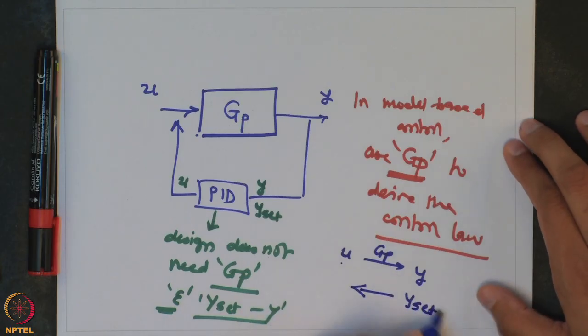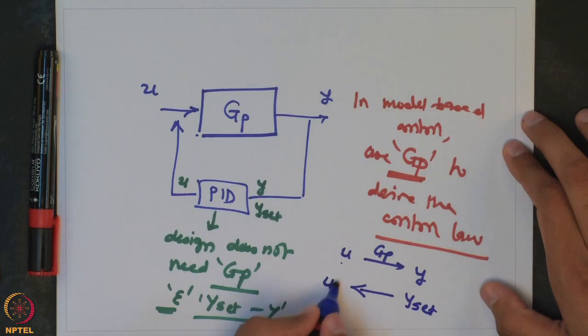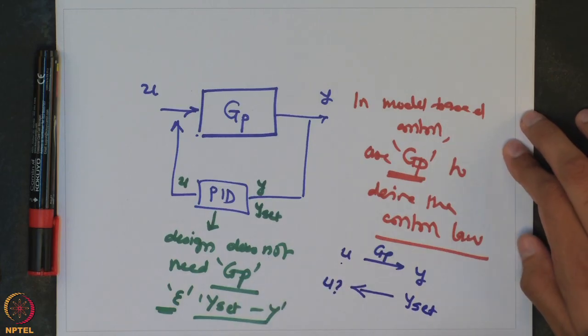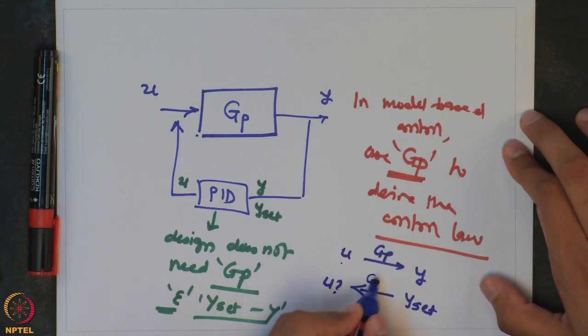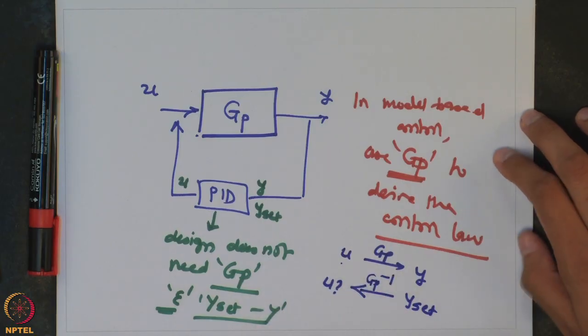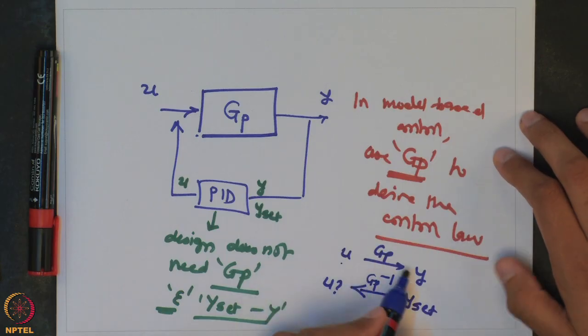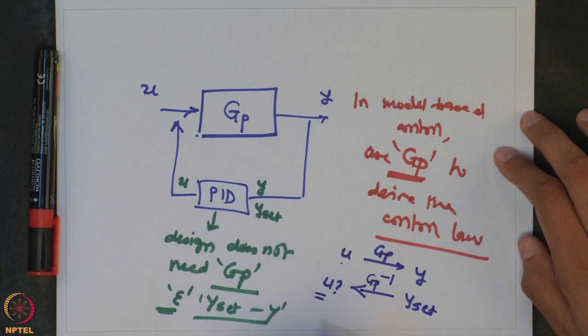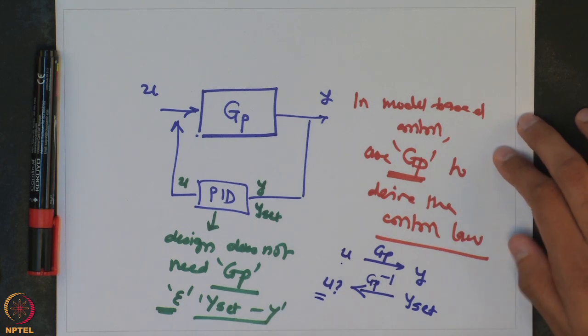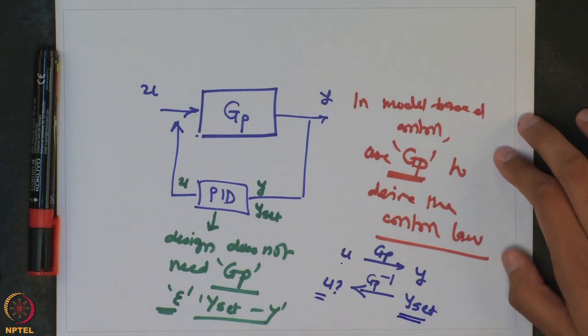I want Y to be equal to Y set and I want to know what U I should use. So, that is same as inverting this model. If I take GP inverse, it is going to tell me what form my U should take in order to have a value of Y set.